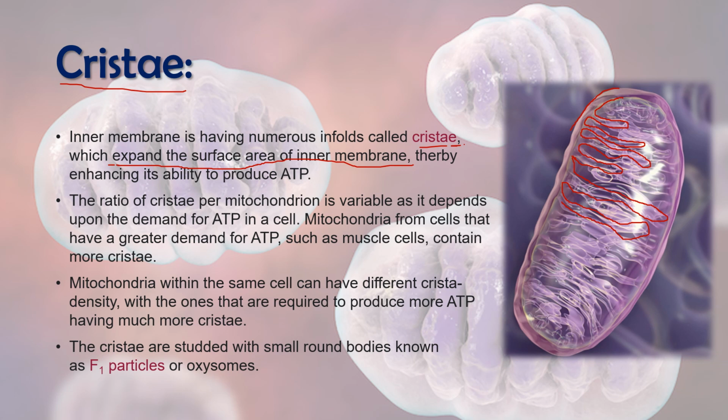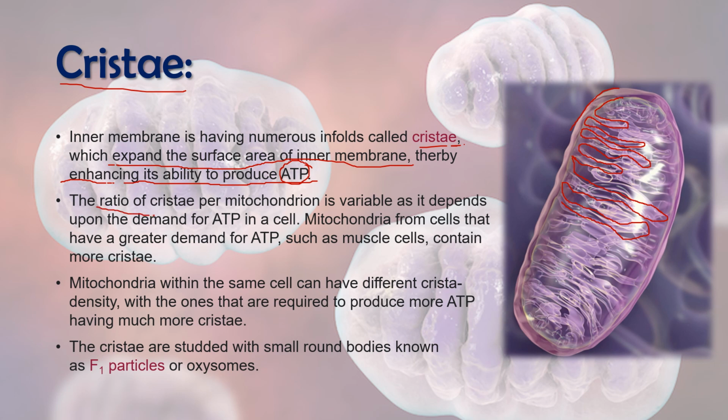Thereby, it also enhances its ability to produce ATP, adenosine triphosphate molecules. With the increase in surface area, lots of ATP synthase can be present in the membrane, so with lots of ATP synthase, ATP production also increases.